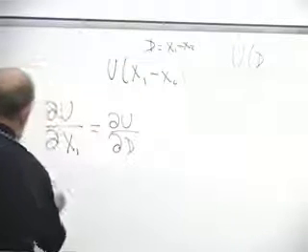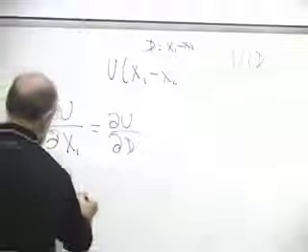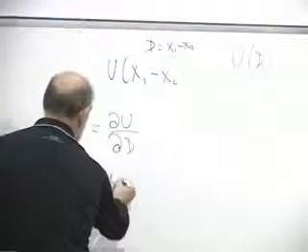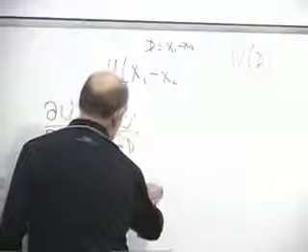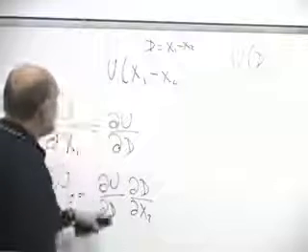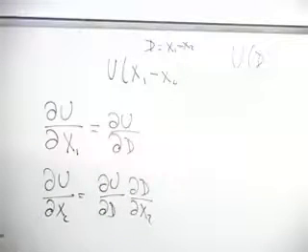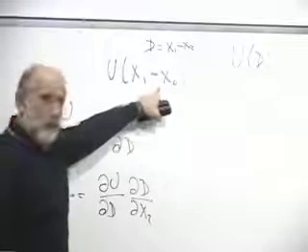What's the derivative of u with respect to x2? That's du by dd times the change in d when you change x2. What's the change in d when you change x2? Minus 1.